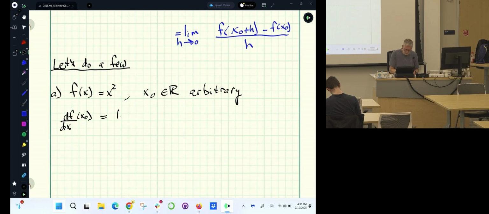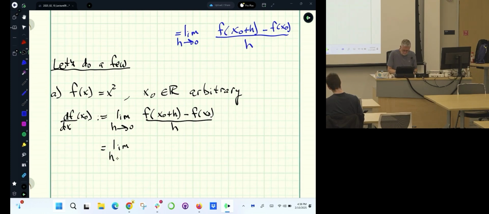So the first thing we do is we write down the definition. So that's actually a definition. And we plug in for our function. And so this is x0 plus h squared minus x0 squared over h.